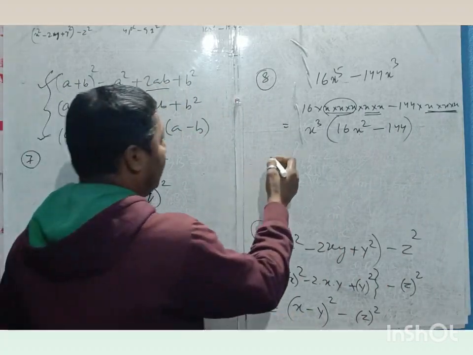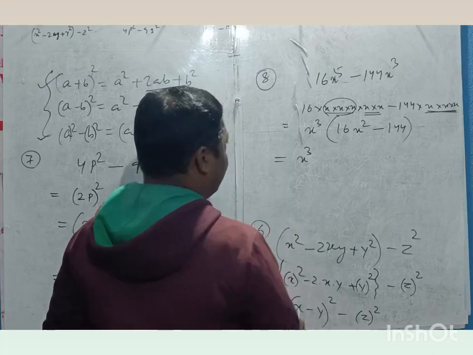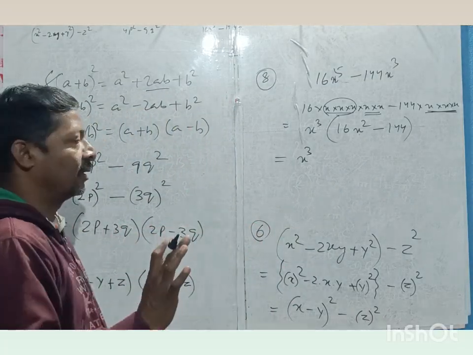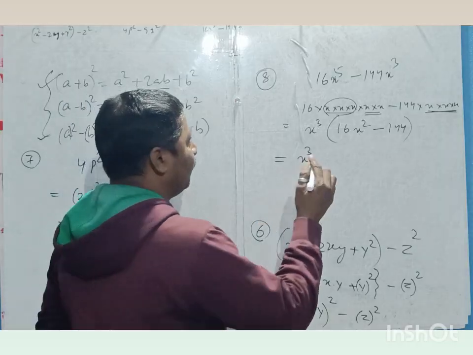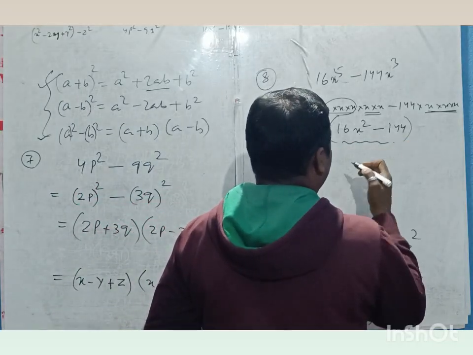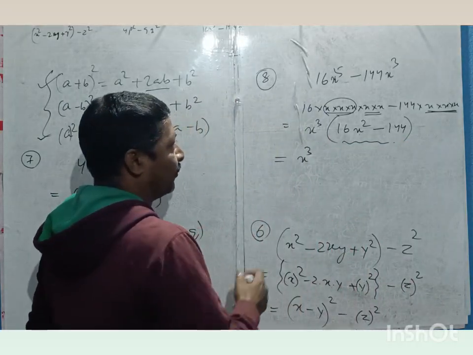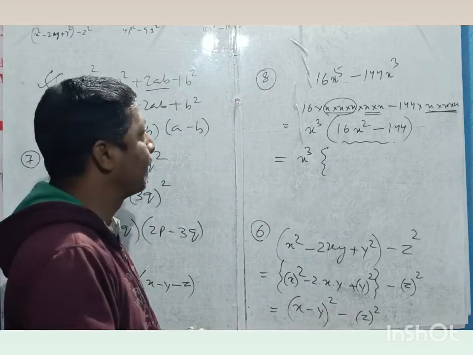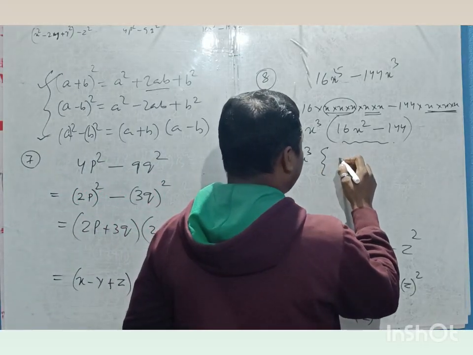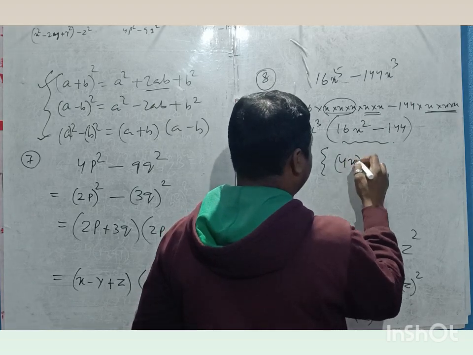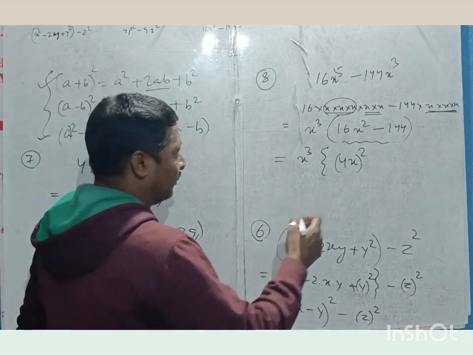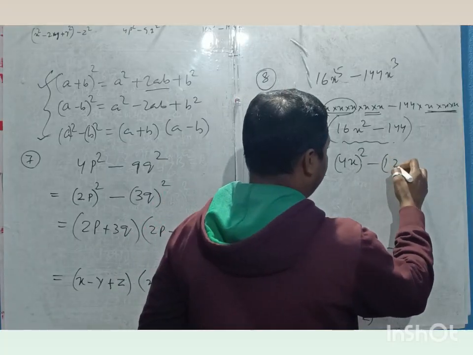Okay. So let x^3 be there till the end. x^3 will remain as x^3. We have to factorize this one only. So whose square is 16x^2? 4x. And whose square is 144? 12. You have to memorize it.